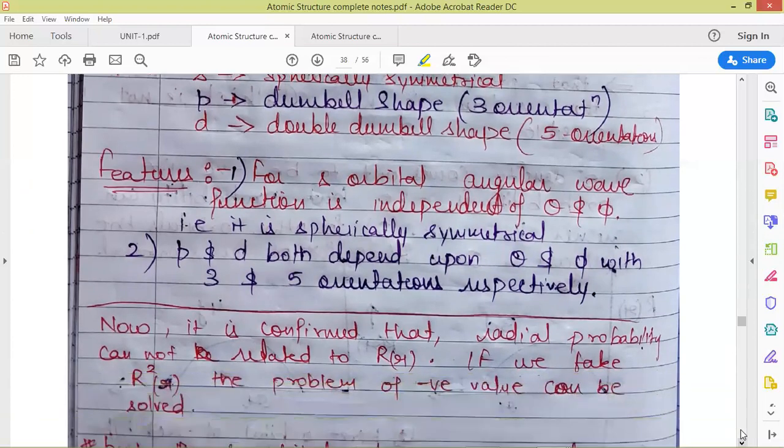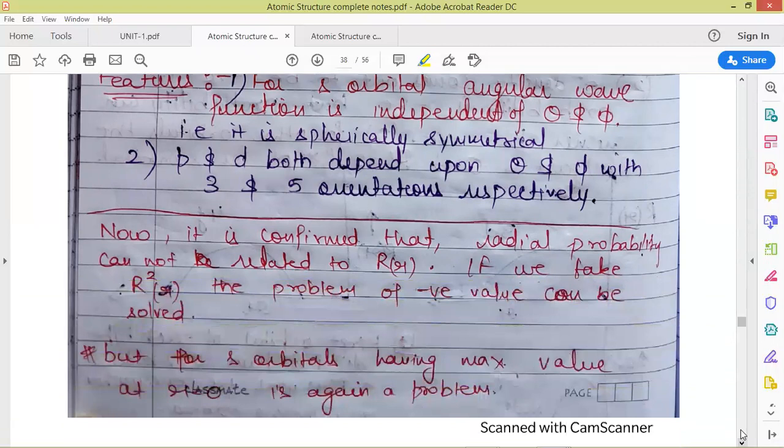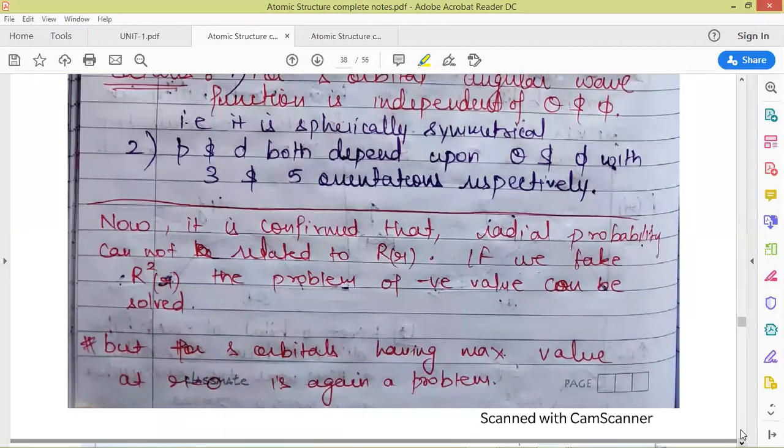Now it is confirmed that radial probability cannot be related to just the radial part of the wave function. If we take r square, the problem of negative values was solved, but s orbitals have their maximum value at r equal to 0, which is again a problem. So we need to think of something else.